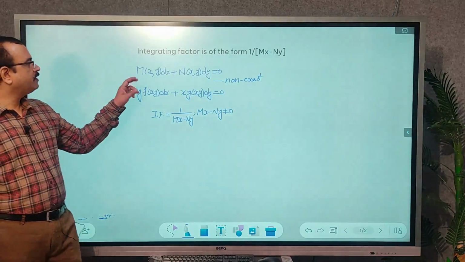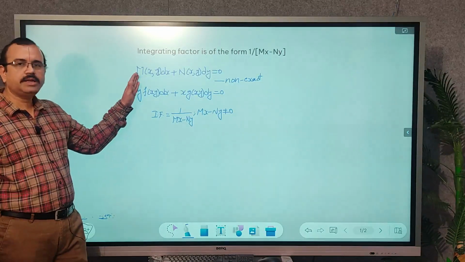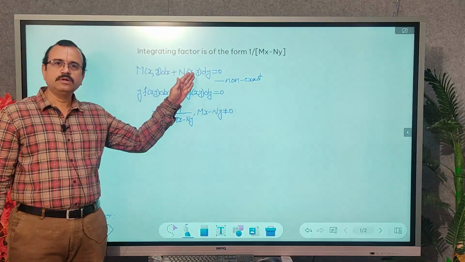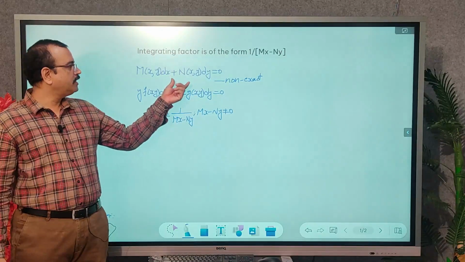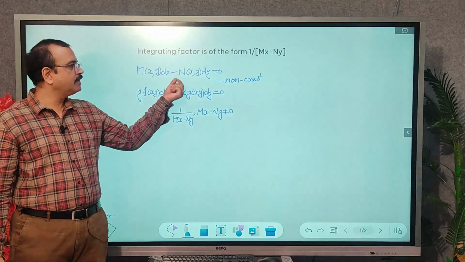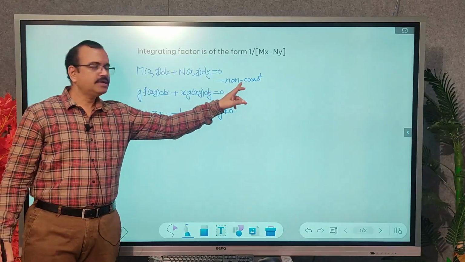So the differential equation is of the form M dx plus N dy is equal to 0. We tried using dou M by dou y and dou N by dou x, but we got it as not exact.